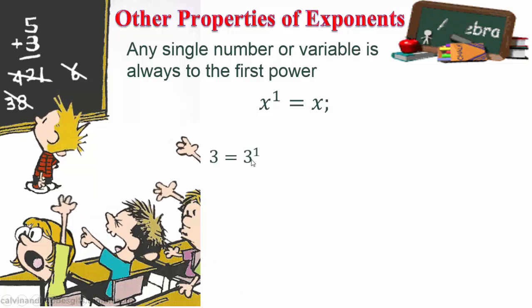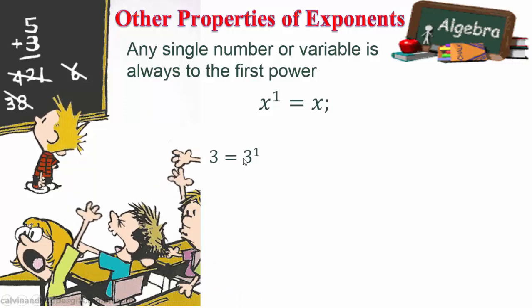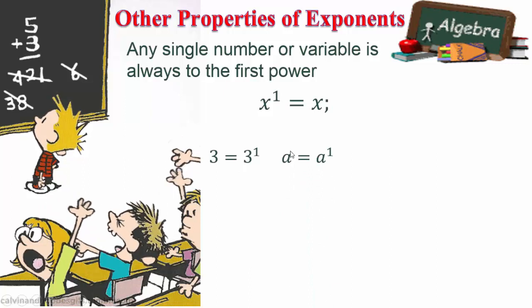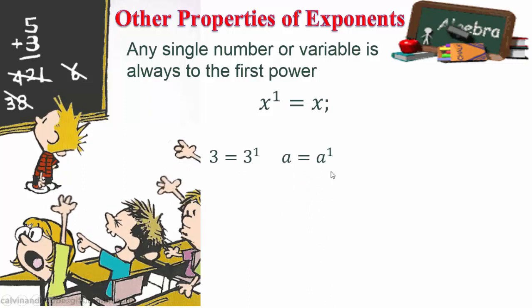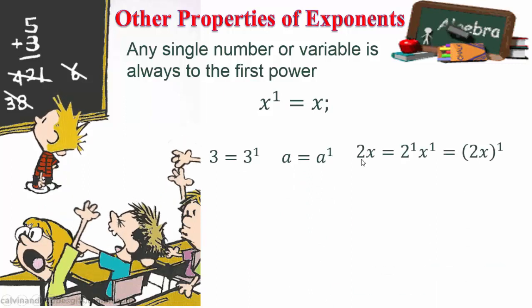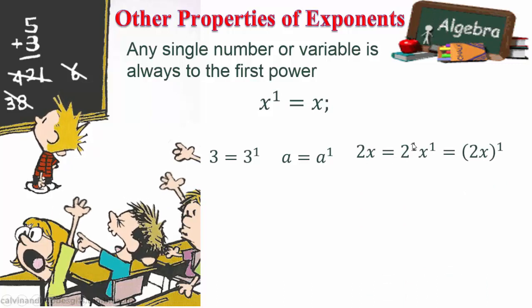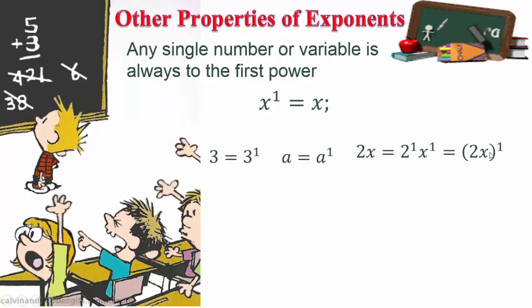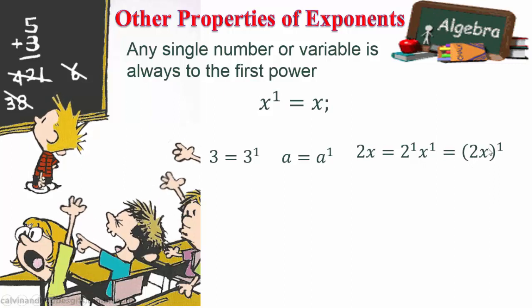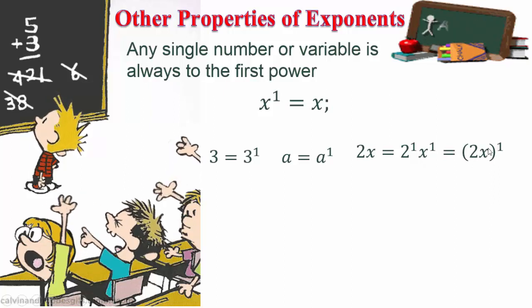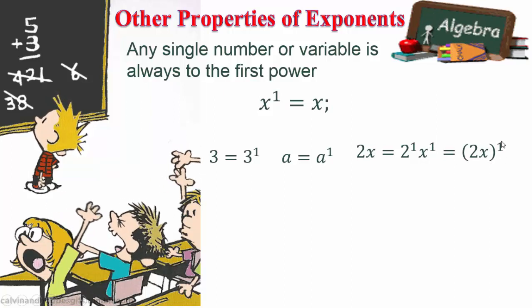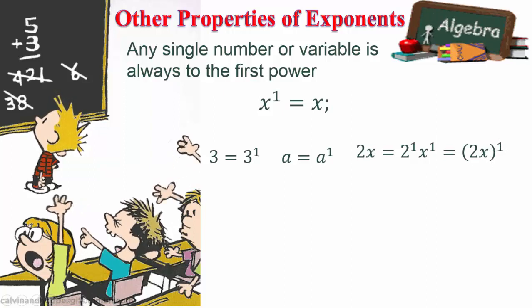So for example, 3 is really 3 to the first power, or a is really a to the first power. And in the case of 2x, well, 2 is to the first power, x is to the first power, and that means we can look at it as 2x in brackets to the first power, where everything is brought to the first power.